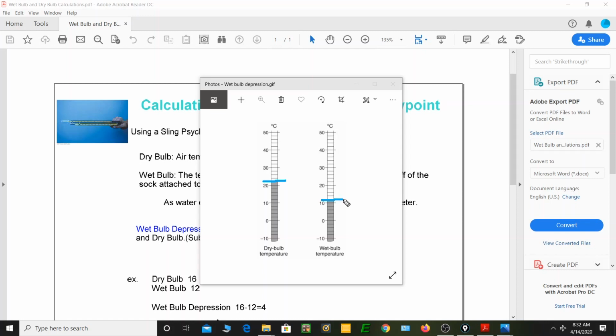So this is the wet bulb depression, the difference between the dry bulb and the wet bulb, which you get from subtracting. You take the smaller number and subtract it from the bigger because you always want a positive for the difference. Okay, so the only math that we have to do here is subtraction.